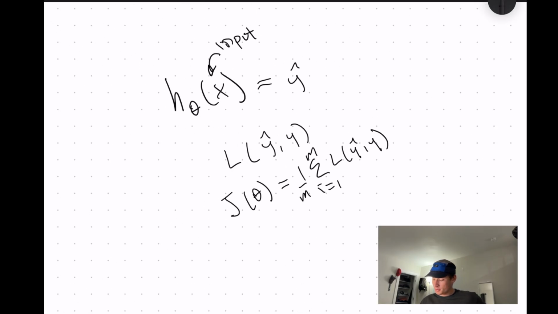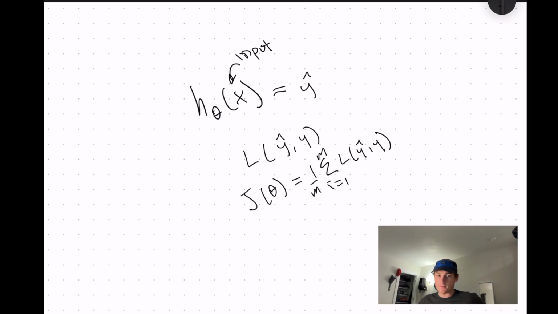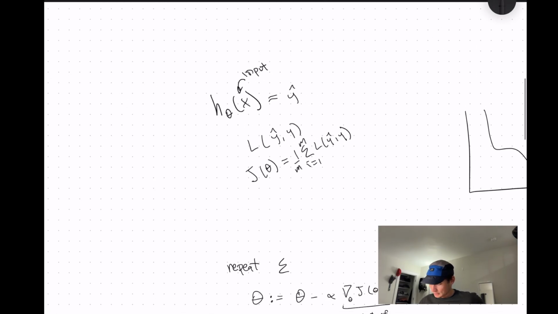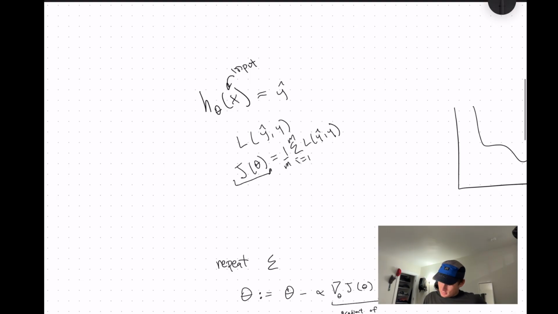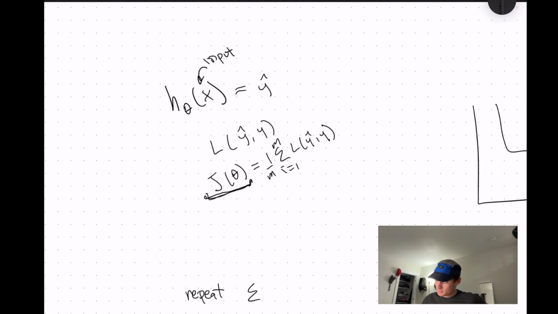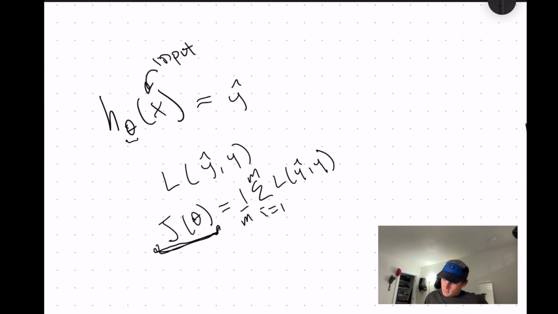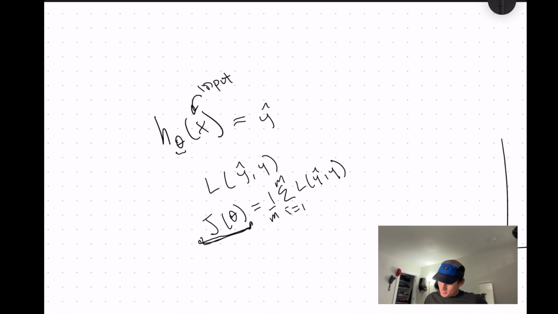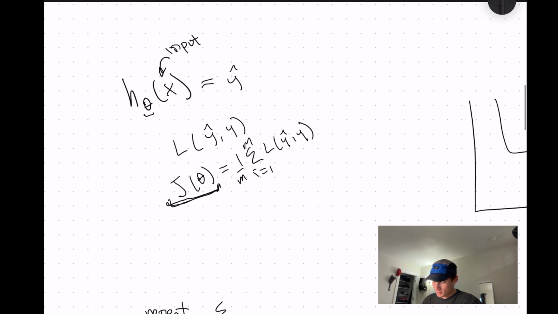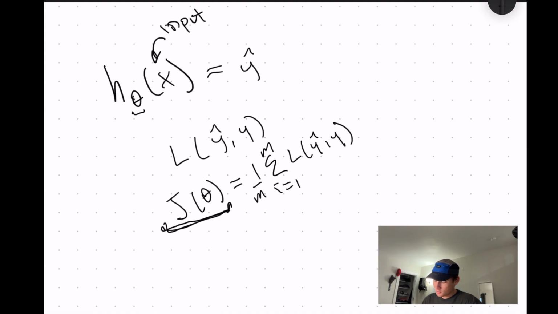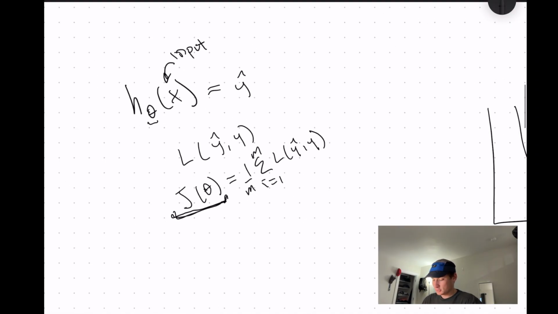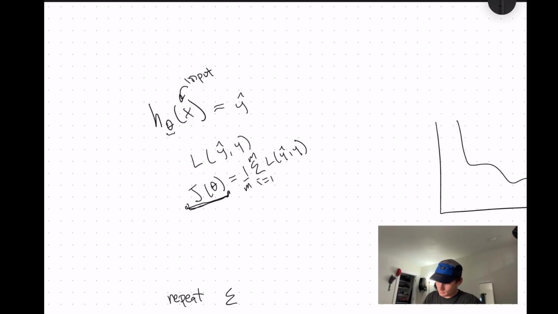So for all of your predictions, what is the average? How do you perform? The reason this takes in theta is that theta is the parameters, like you see here. We'll see what that means, but the parameters are input because we're going to be tweaking the parameters when we're learning, and we're going to output the lowest average loss possible. So this is the loss, and this is the cost.